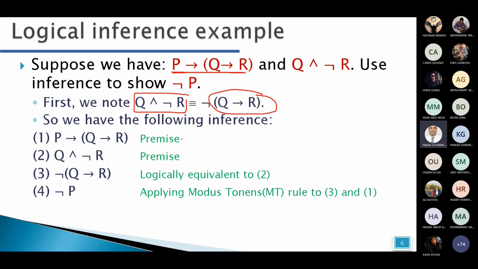So this premise here, and this premise given to you here from logical equivalence rule for statement 2. Always you have to give numbers for the statements when you use logical inference proof. So from statement 2 we get the logical equivalent for this one. It's not Q implies R. So we get statement 3.